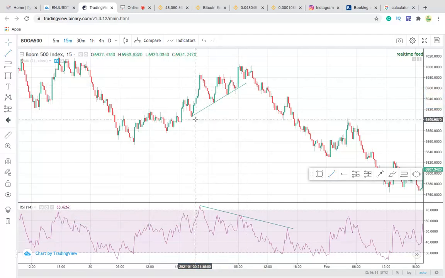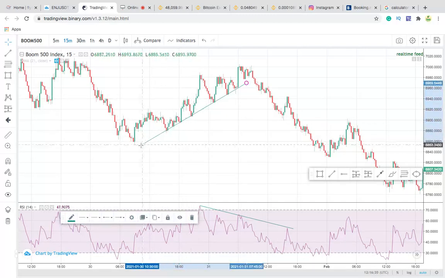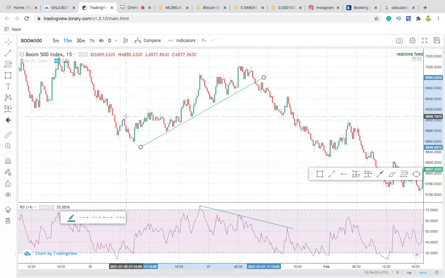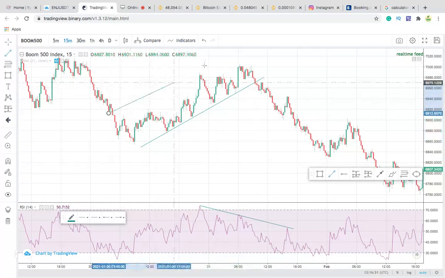So what I normally like to do is make it a channel. I'll wait for the market to break out from this channel, and then I will trade the breakout.